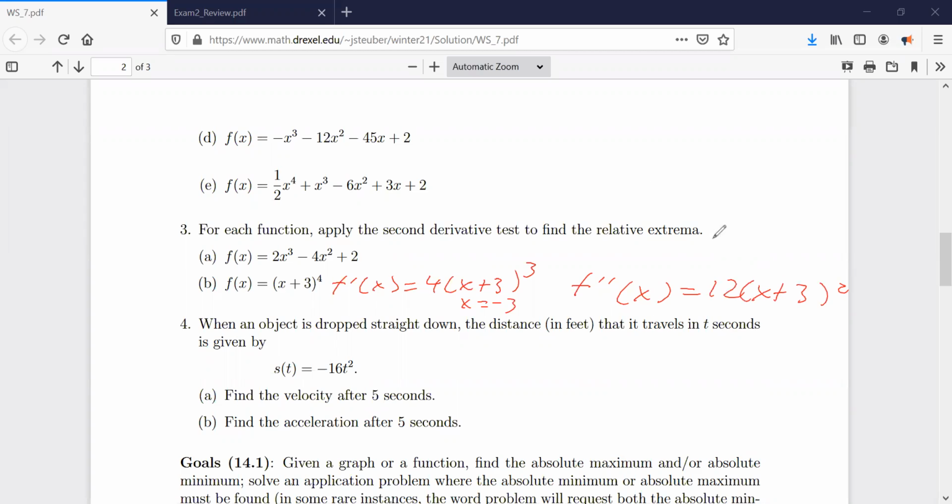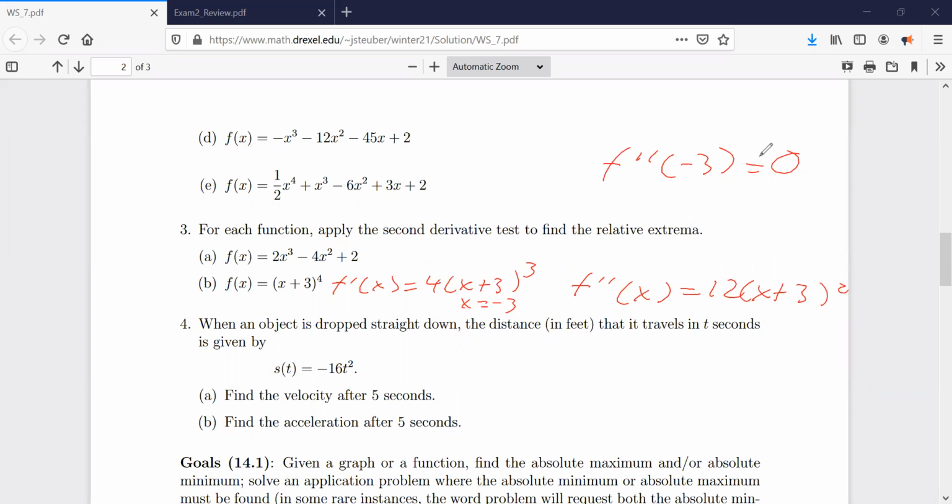I now do f double prime of -3, but that's going to be equal to 0, right? So what happens when it's equal to 0? The test basically fails when it's equal to 0. We don't know what's going on.